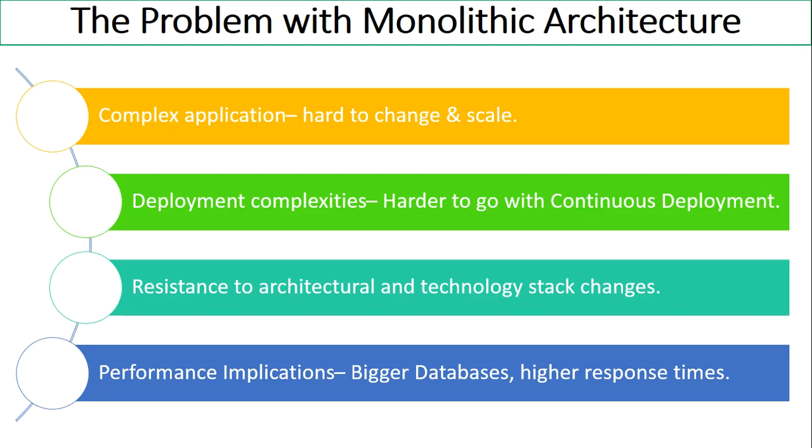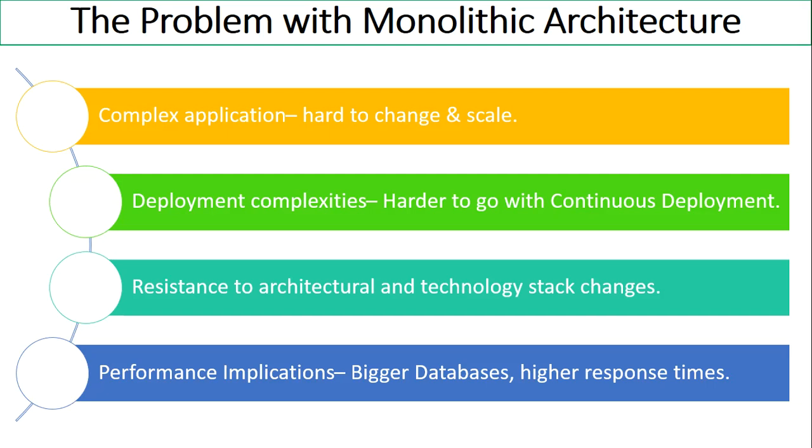Then it becomes really difficult because you have to go back to square one. You have to reinvent the wheel. You have to make changes to each and every part of the application because it is deployed as a single application, and you cannot make the changes at the individual level. You have to make the decision and the changes for the entire application.